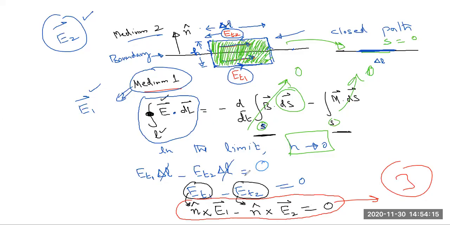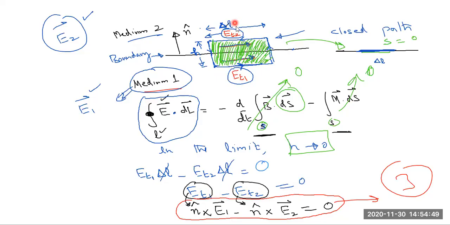But what is the meaning of this boundary condition? This boundary condition is telling us that the tangent component of the electric field is always continuous, which means whatever tangent component of electric field is on one side of the boundary, the same tangent component will be on the other side of the boundary, because their difference is 0, which means they both are equal.